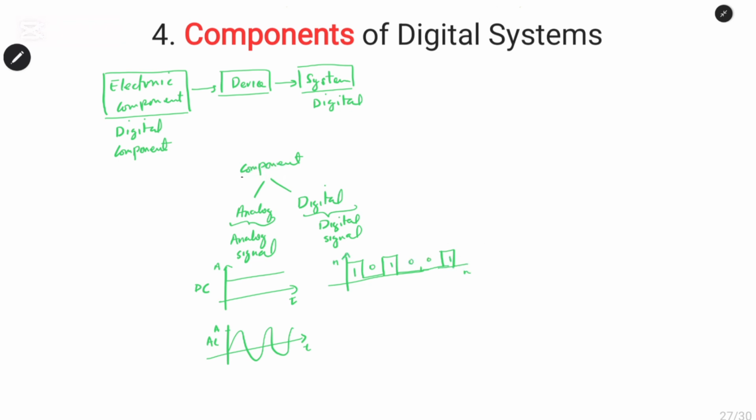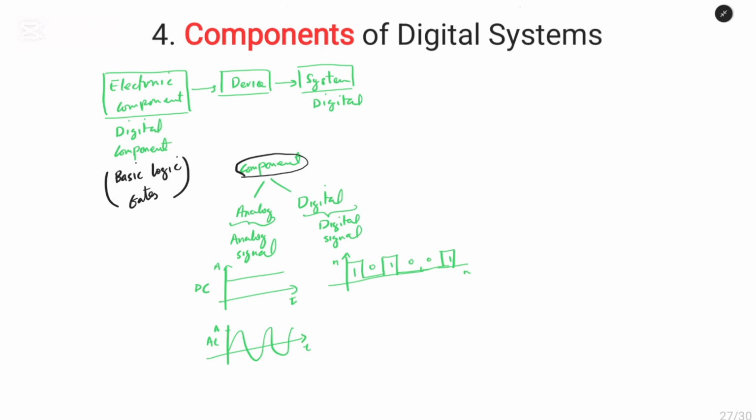So it is important that you understand what do we mean by the component. For example, the basic building blocks that we will be discussing in terms of the digital component, we have the basic logic gates. This basic logic gate is the electronic component that make up a device.